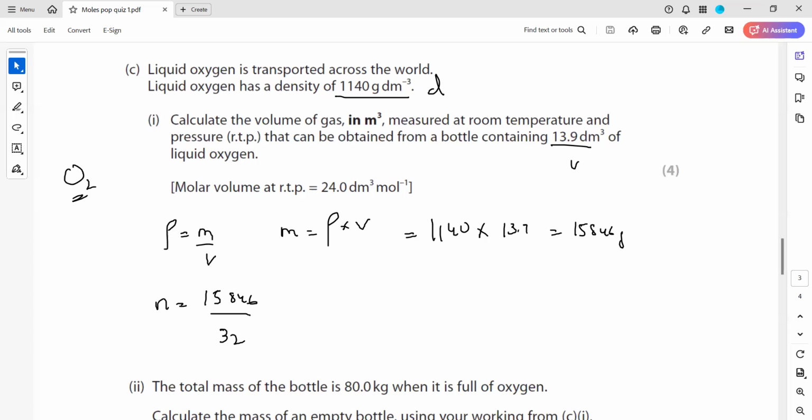If it was oxygen atom, we'll take 16, but it's an oxygen molecule, so it will be 32. That gives 495.2 moles. Now we need the volume, so moles equal volume divided by 24. So we have moles 495.2, volume we don't know, and divide by molar volume 24. So that will be multiplied there.